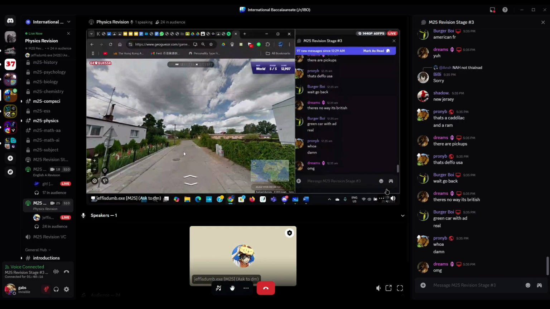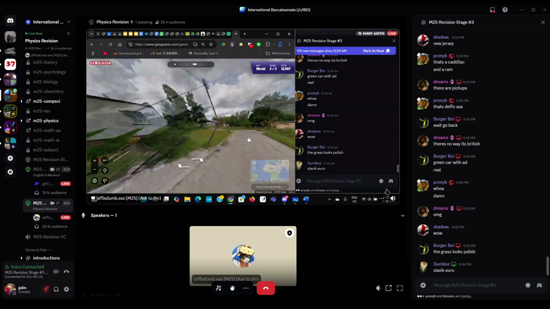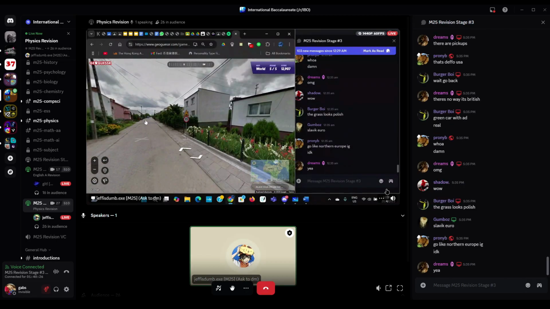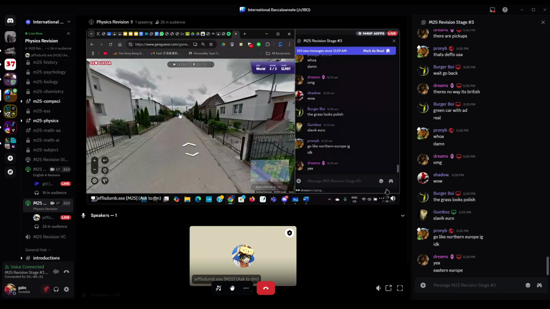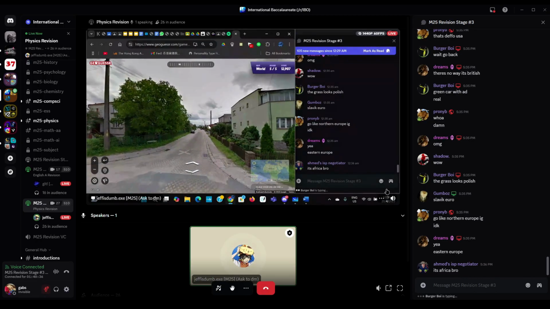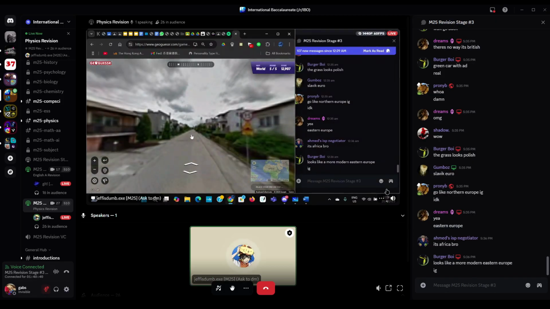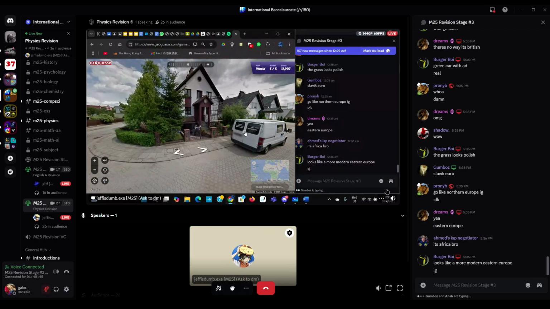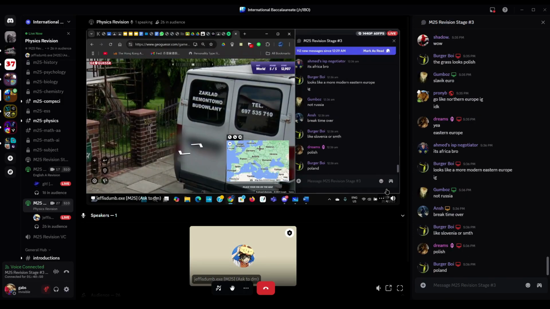Looks European. The grass looks Polish. I think it doesn't look Western Europe. And I don't think it's Russian. Oh yeah, Poland.